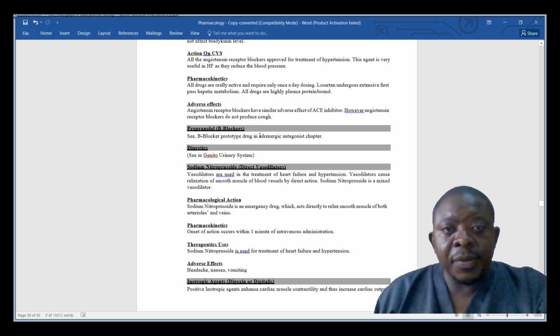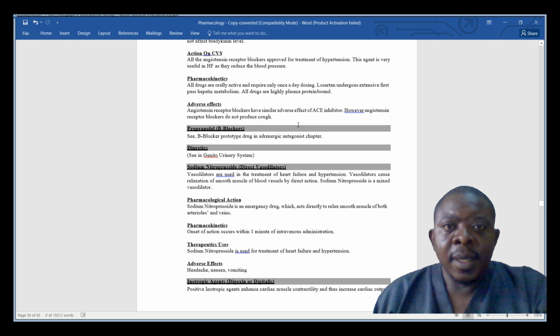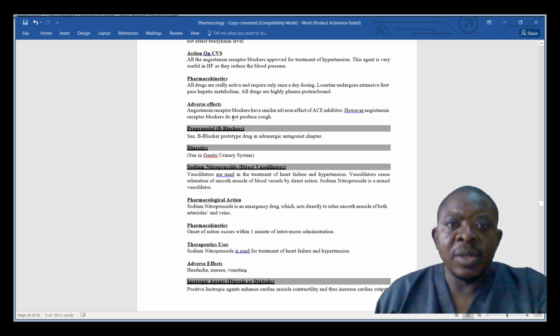Propranolol, which is a beta blocker. Beta blocker drugs, as adrenergic antagonists, were discussed in another chapter, so I'll still come back to this one. Diuretics were also discussed in another chapter. Let us look at direct vasodilators like sodium nitroprusside.